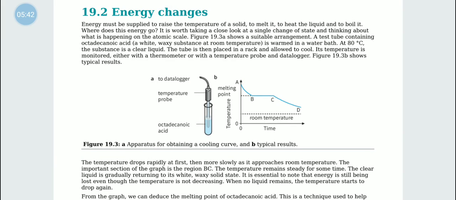Then energy changes, this is something that you have learned in O levels as well. When you change the energy content of a material, for example, if you take a solid, how do you change the energy content of a solid? You can heat it. When you heat it, the solid will actually melt first. Melt means it will turn itself into a liquid, and then it will absorb more, and if you continue to provide more and more heat, it will turn itself into a gas by boiling.